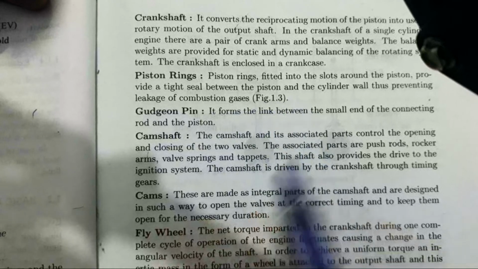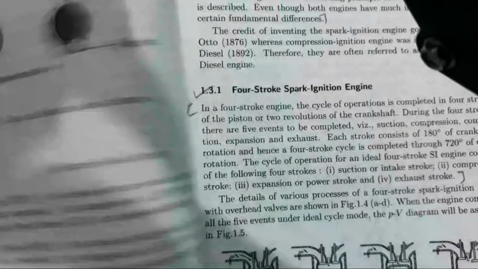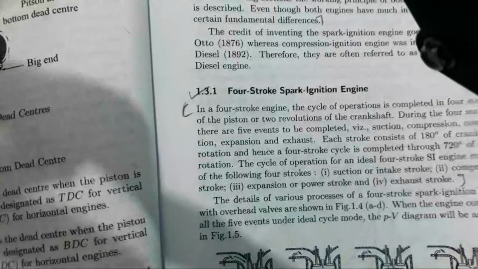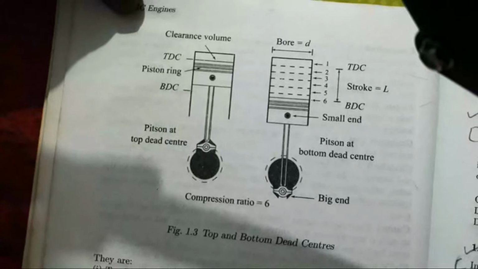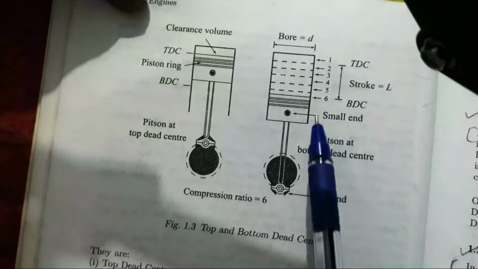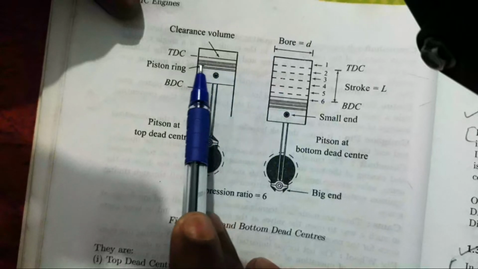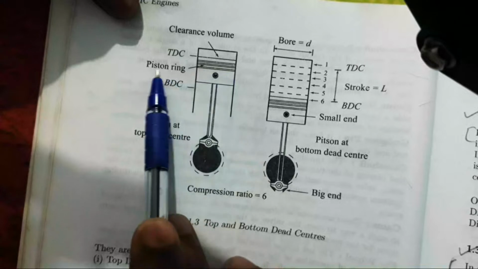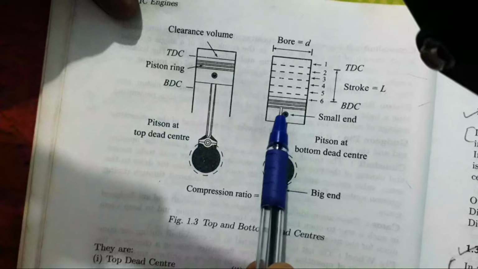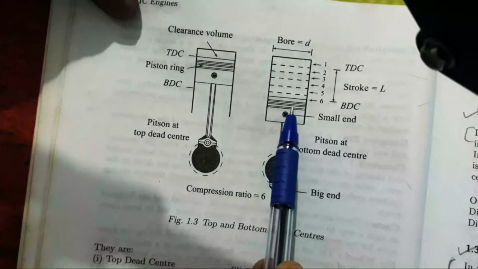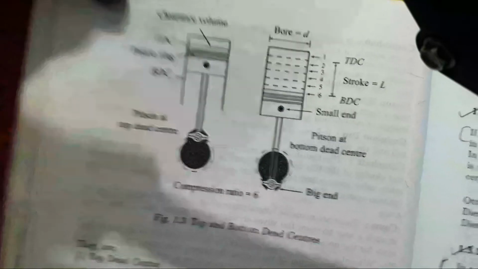In figure 1.3, you can see the piston rings. These three lines are called piston rings. You can see also here, one, two, three, these three rings are called piston rings.